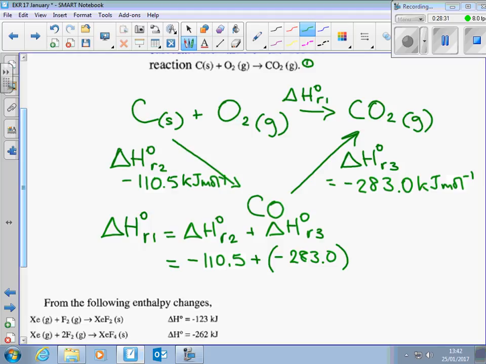Good. Minus 393.5 kilojoules per mole. What we've actually done is add the 2 reactions together, in a way. And just to prove, you know, that we don't need to actually put all the details in. And I'm going to have to move that bit out of the way in a minute.